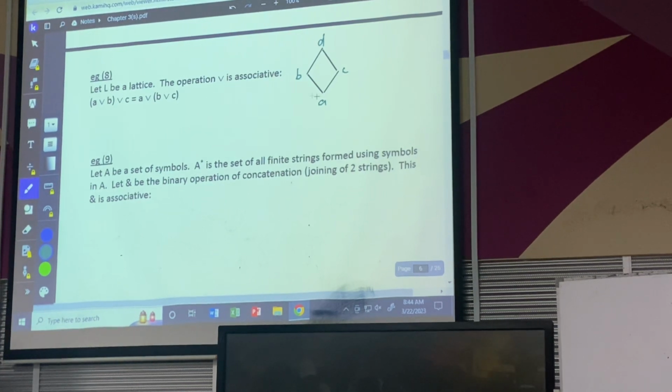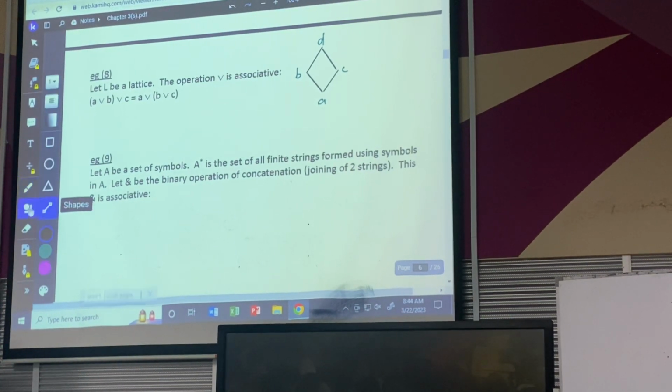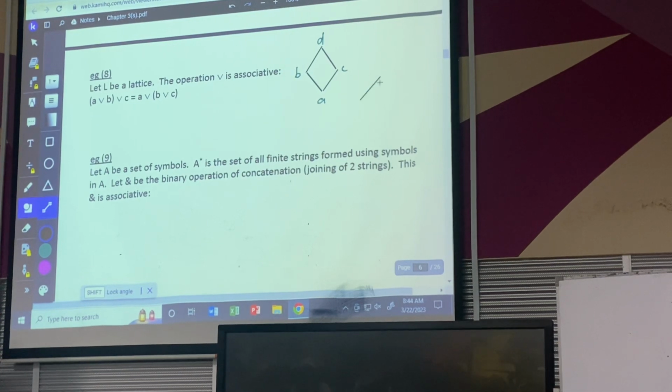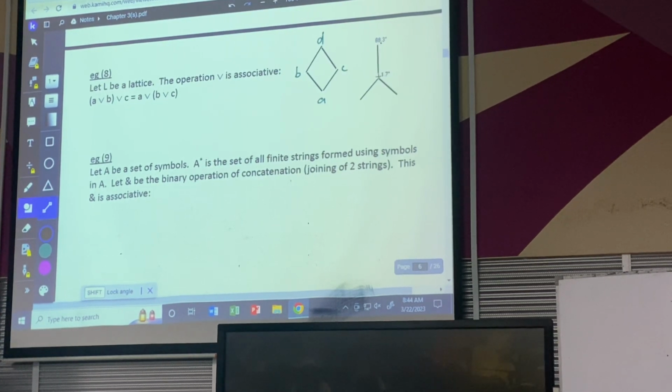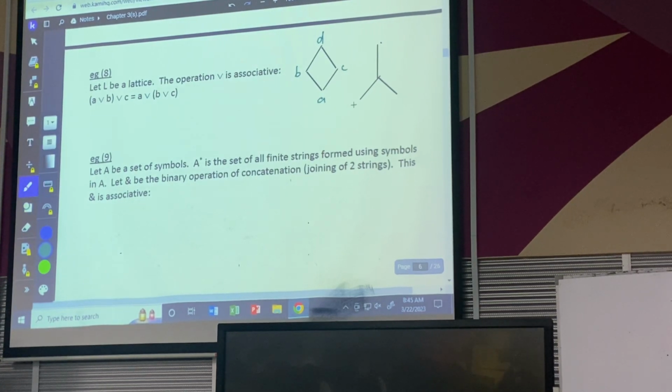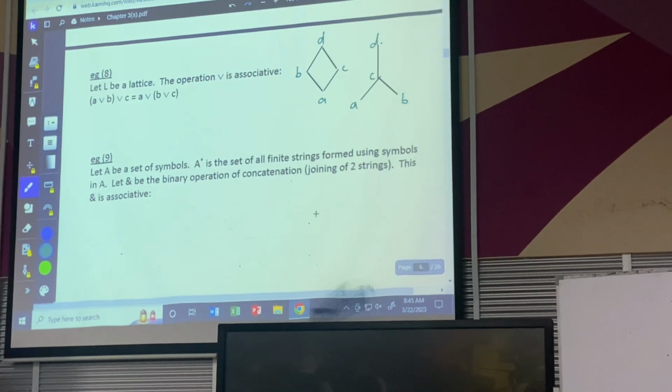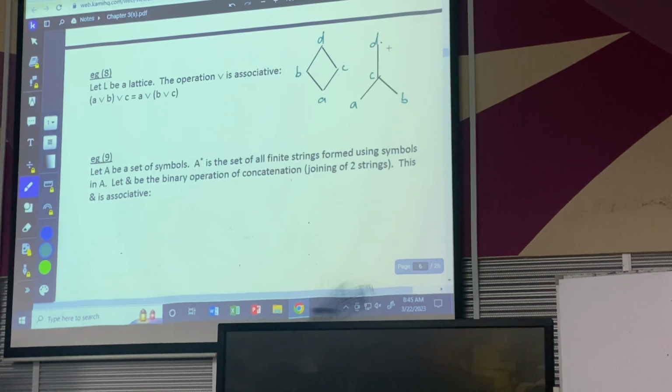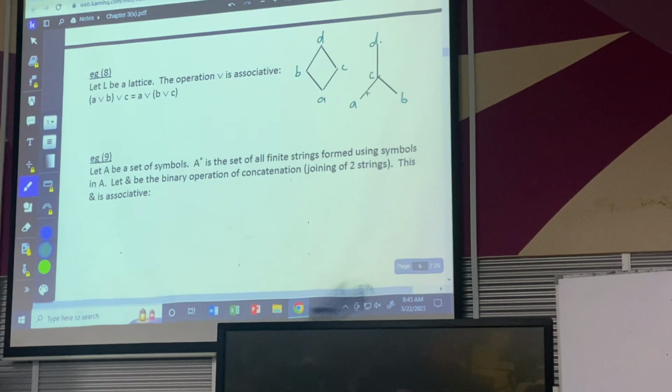Okay? Then what happens if we have a diagram like this? A, B, C, D. What is the greatest lower bound of C and D? Greatest lower bound of C and D?